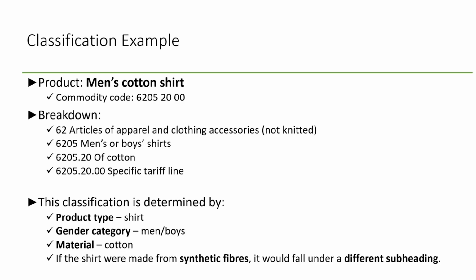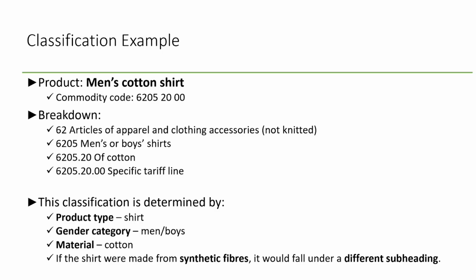It determines the duty levels. It determines whether other government agencies need to be involved. So, for example, the Department of Agriculture, Food and the Marine, the sea fisheries, etc. Depending on your commodity code, there may be licenses required. For example, it might be dual use, which means that it could be suitable for both non-military and military use. So then there would be licensing requirements to import or to export that.